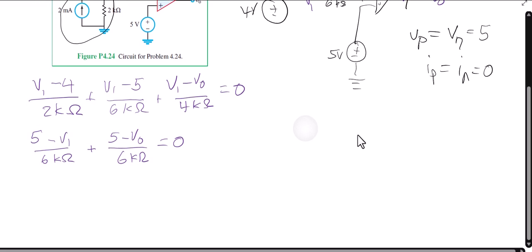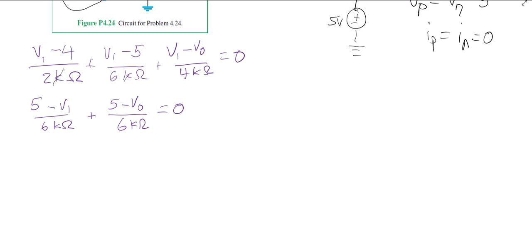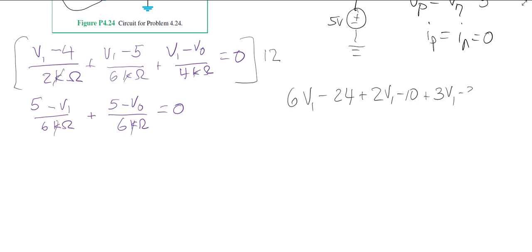Alright, so now I can cancel out all the kilos, so multiply each equation by 1,000 on both sides, and then I'll multiply this top equation by 12, and I get 6V1 minus 24 plus 2V1 minus 10 plus 3V1 minus 3Vo equals 0.